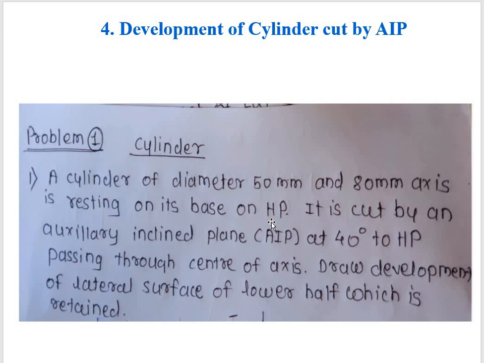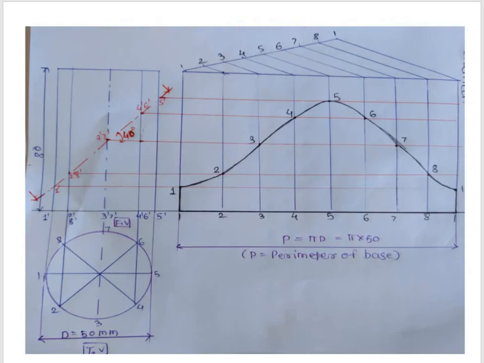It is cut by the auxiliary inclined plane at 40 degrees to HP, passing through the center of the axis. They have given the inclination of 40 degrees and the location, that is the center of the axis, and you have to draw the development of the lateral surface of the lower half which is retained. Okay, so let's see how to solve this numerical.